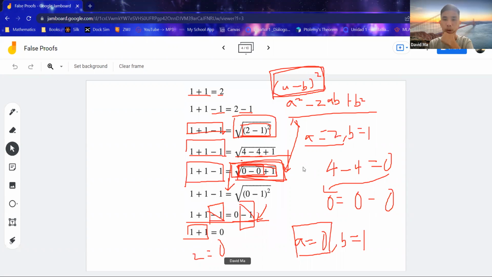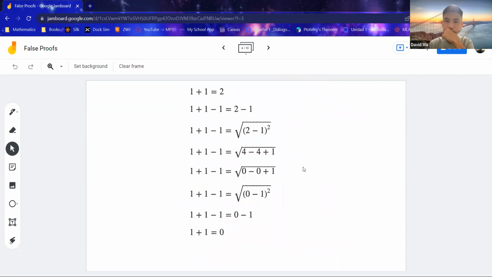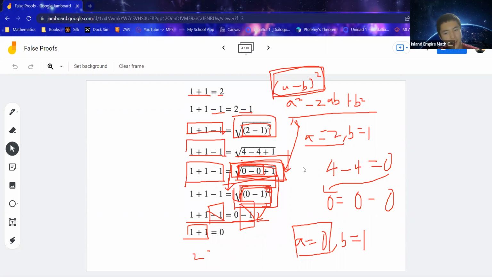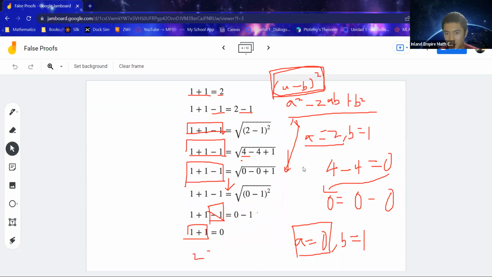Can you guys tell me what went wrong? That gave us 1 plus 1 equals 0. It actually invokes the same concept we talked about in number 3. Something involving square roots.